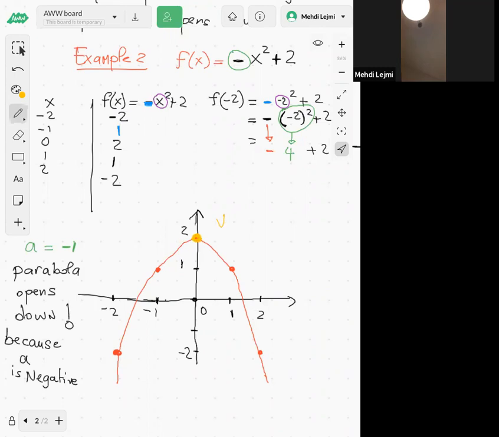So the x is 0 and the y is 2. Yes, it's 0, 2, very good, Lorden. And this is the highest point of the graph, obviously. This is going to go all the way down. So this vertex is actually a global maximum.